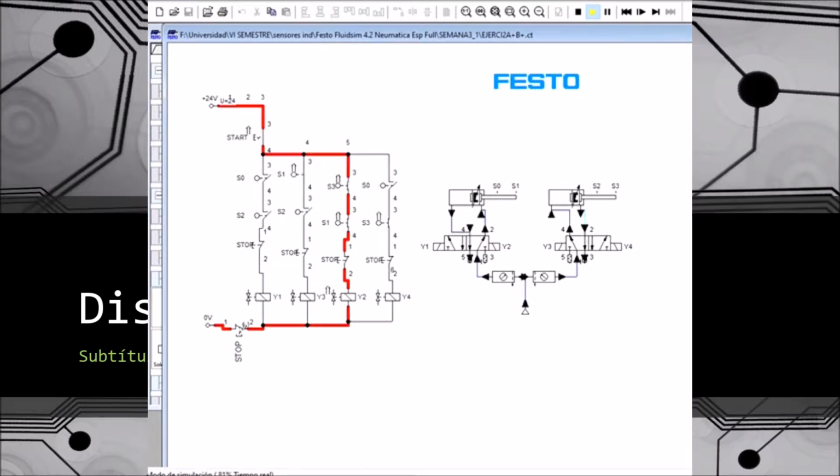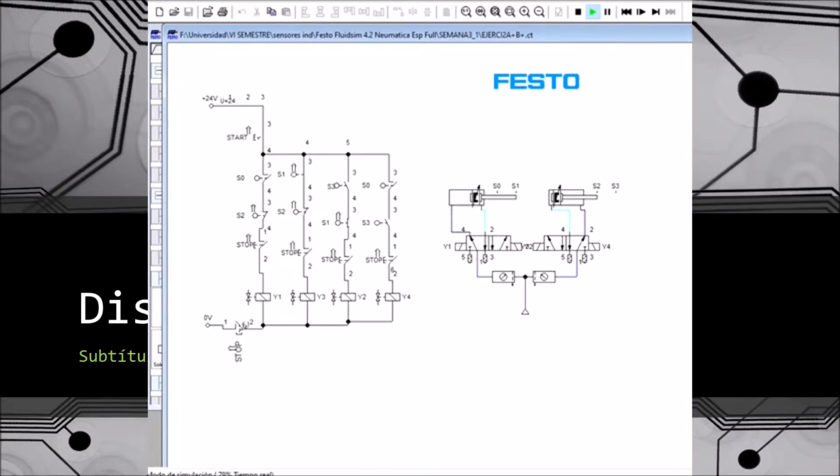And the emergency stop, when the stop is activated, cuts the current flow of every line.